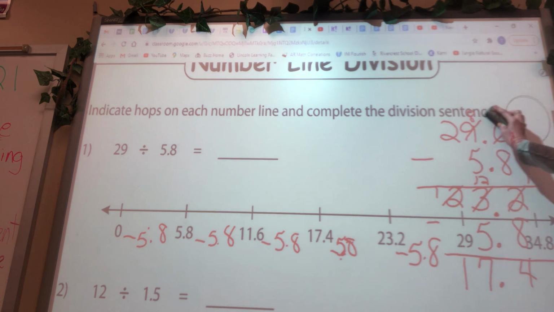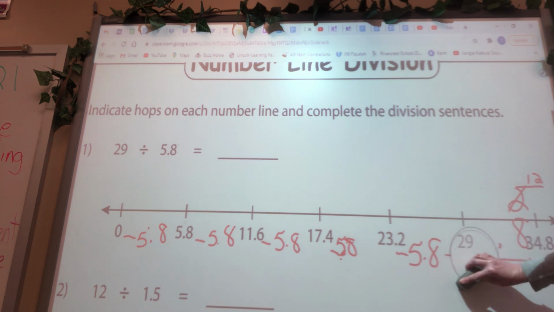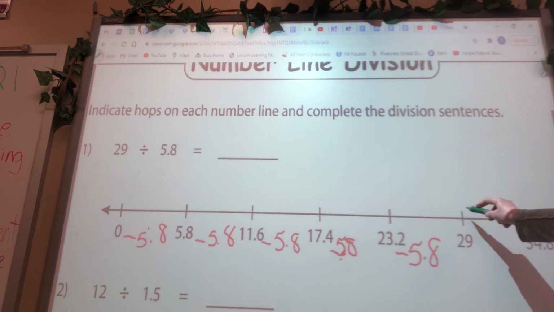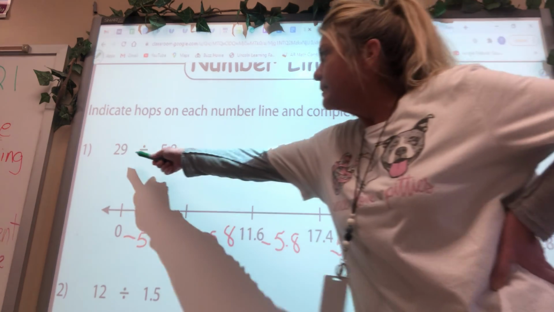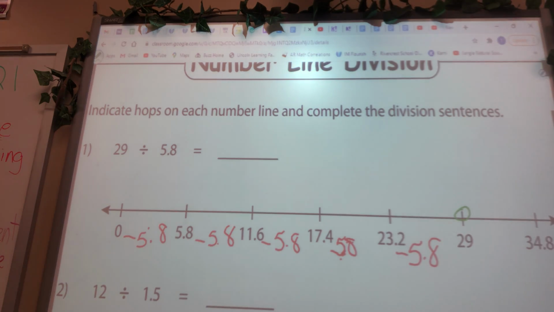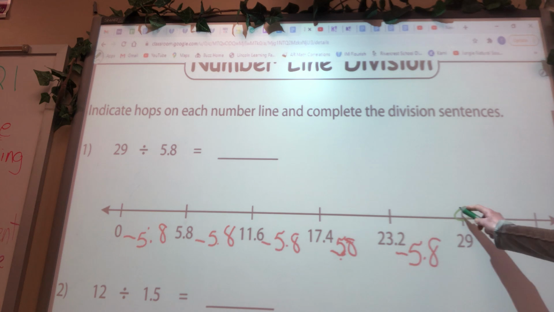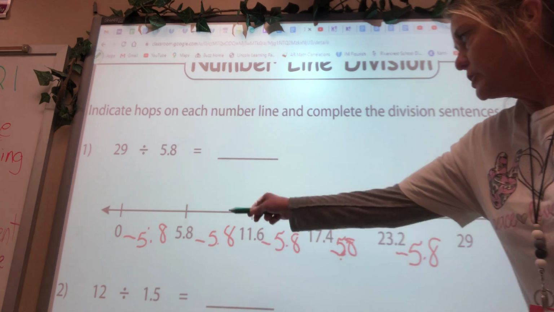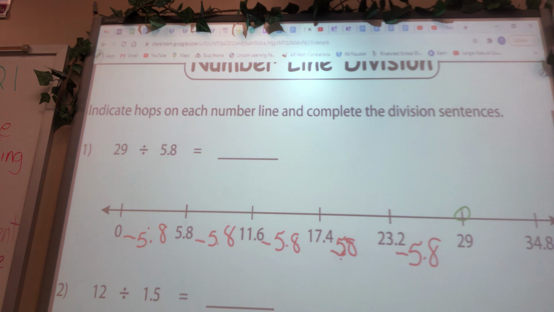So in knowing this, if you are dividing on a number line, you can start at the number you were given, so we'll start at 29 because that's what we were given, and we were dividing it into 5.8 sections, little sections of repeated subtraction of 5.8.